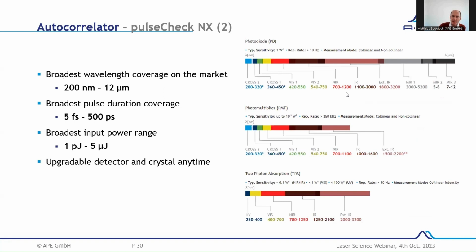The difference in each row is essentially the different wavelengths, and the difference between them is the top photodetector, photodiode, in the middle photomultiplier, and on the bottom two-photon absorption. Especially the difference between the photodiode and the photomultiplier is sensitivity.